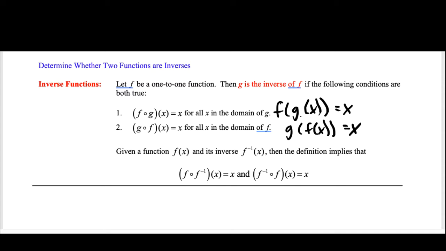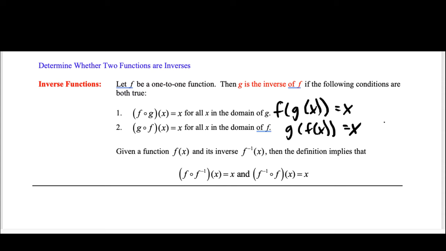So if the functions do exactly the opposite, then when we take the output of g and plug it into f, f is basically undoing g, and you get right back what you started with, which is x. It works both ways: if we take the output of f and plug that into g, g is basically undoing f, so you get right back what you started with, which is x.